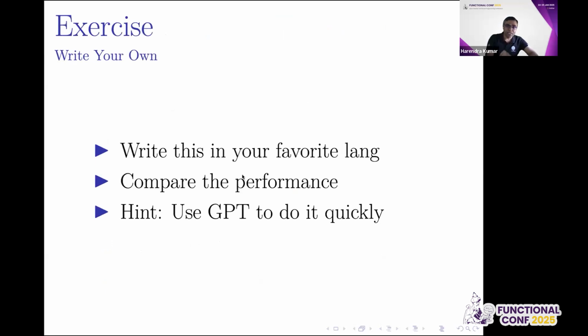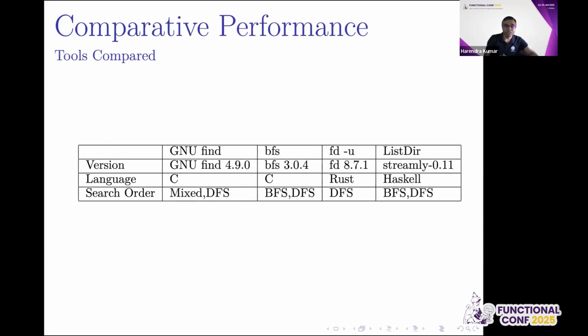Now, as an exercise, you can write it in your favorite language and check the performance. And you can use GPT as well to write it in your language. Now, let's do a comparative performance of multiple different tools. We'll use GNU find, which is written in C, and there's a BFS tool also written in C. The Rust FD tool, which is also considered quite fast, written in Rust.